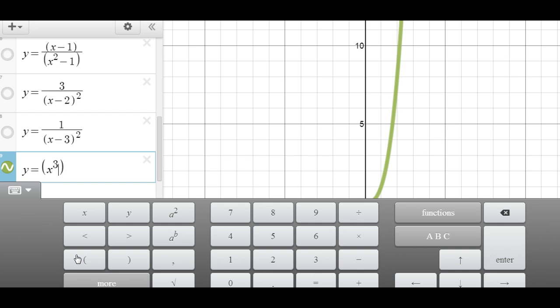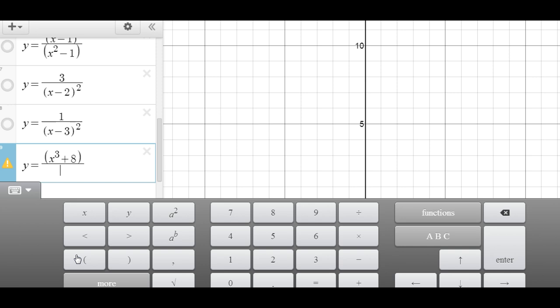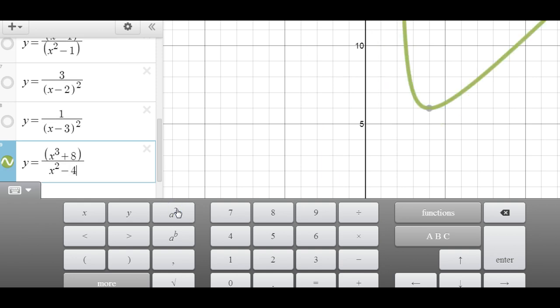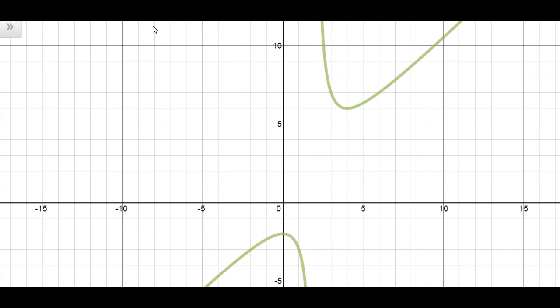Move that down. Plus 8 over x squared minus 4. And what were we looking for? Negative 2 or something?